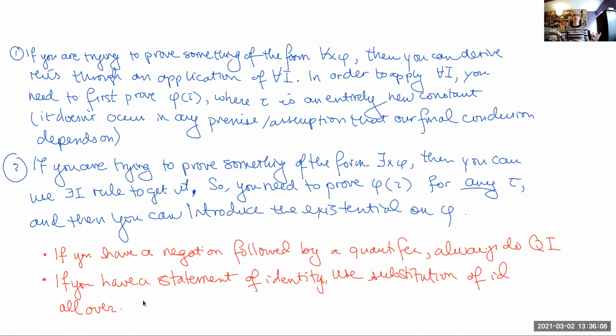It's like with the universal elimination, where you just indiscriminately apply it to all of the constants that you already have in your proof. Sometimes it may end up not being useful, but other times it might be. So these are, as I said, useful tips. If ever you're in doubt, do a universal elimination, do a substitution of identity.